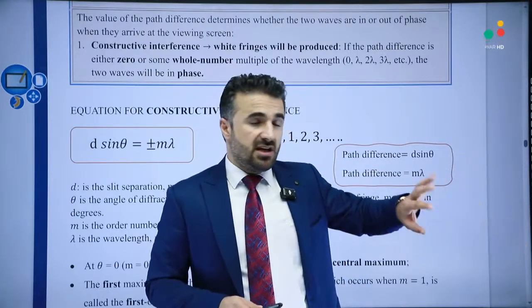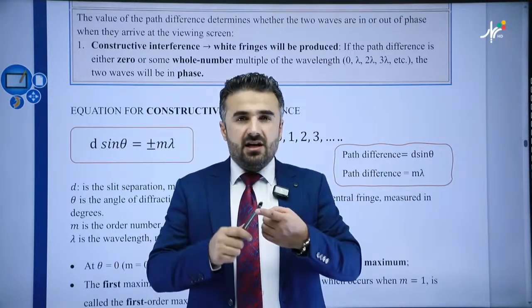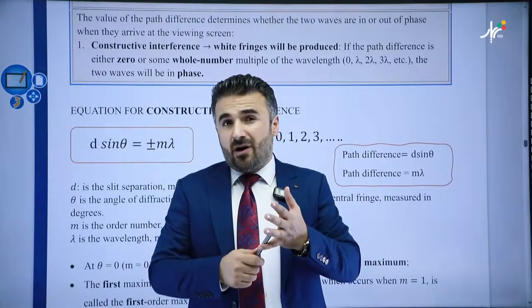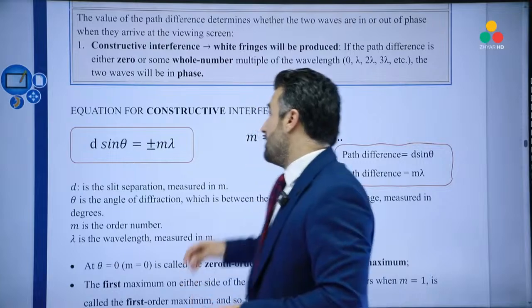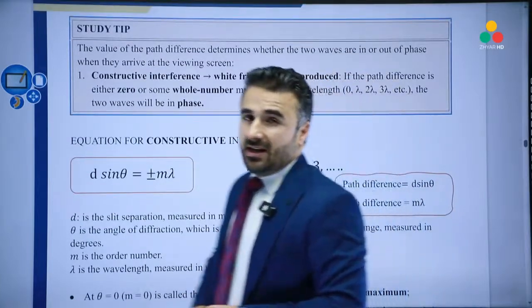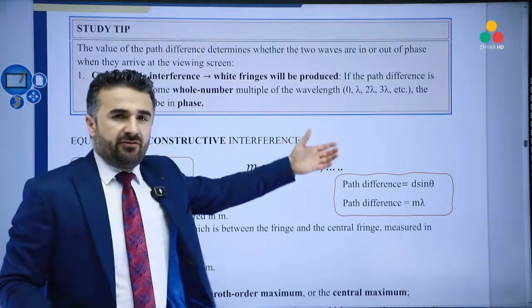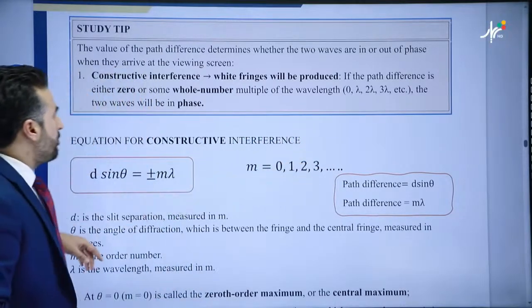Or in terms of phase difference, if it is 0, 2 pi, 6 pi, 8 pi, we get constructive interference. So the path difference tells you whether the two waves will form a dark or bright fringe.